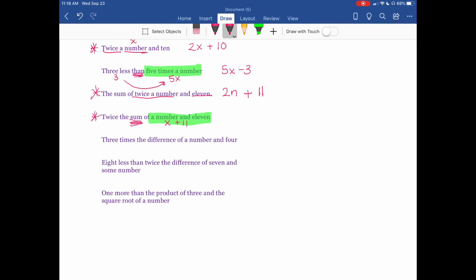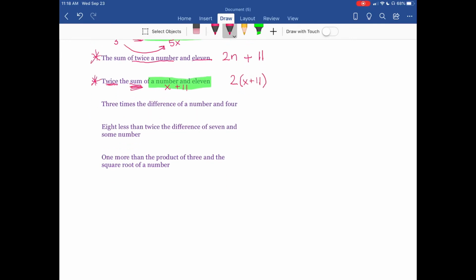And what do I want to do with that? I want to double it. I want to take twice that sum. So I want to put that entire quantity, because that's the sum of a number and 11, and I want to double it. This is twice the sum of a number and 11, which is different than the previous.